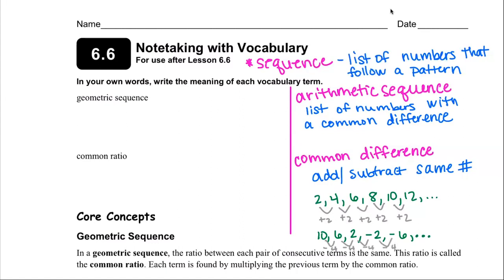Now, our big focus is going to be a geometric sequence. Okay, so a geometric sequence is a list of numbers with a common ratio.